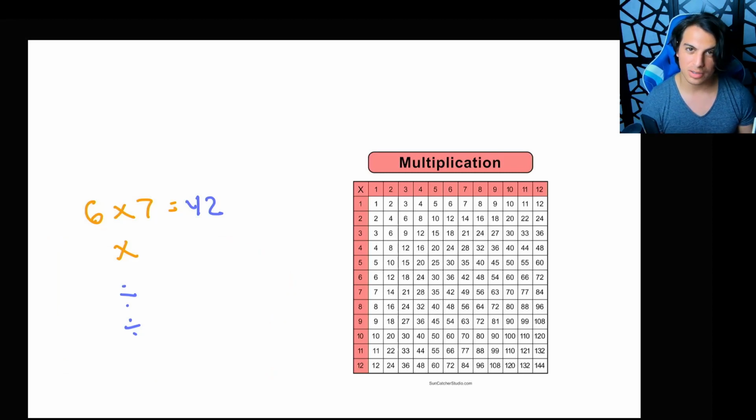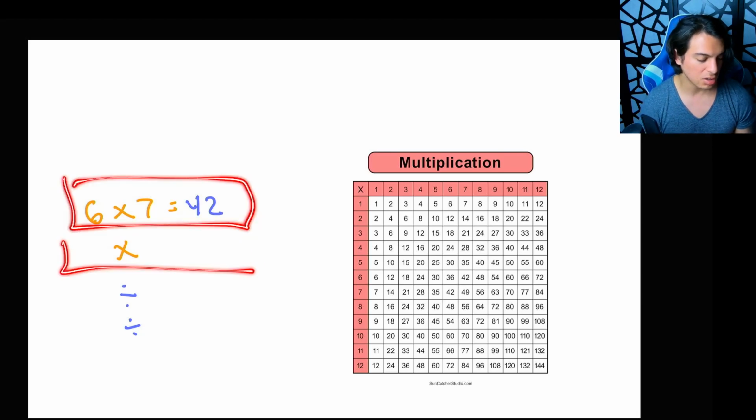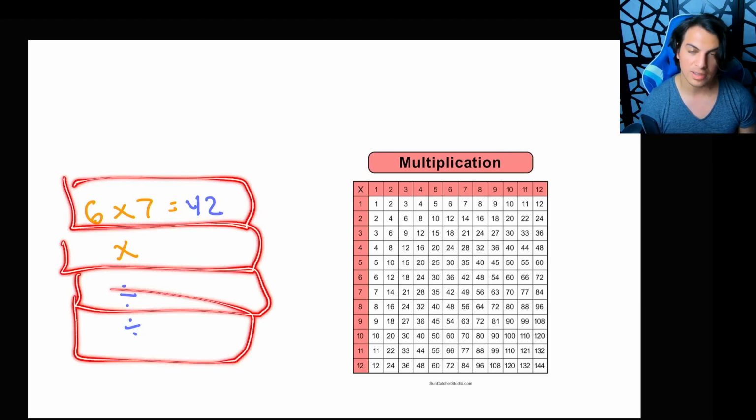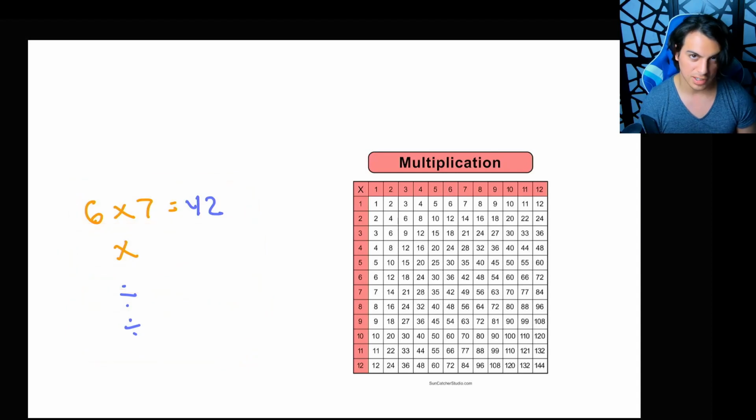If you know what 6 times 7 is, if you know that equals 42, then you can use this to find all of these other number sentences. Can you do that? Give it a shot. So pause it, try it, and here we go.